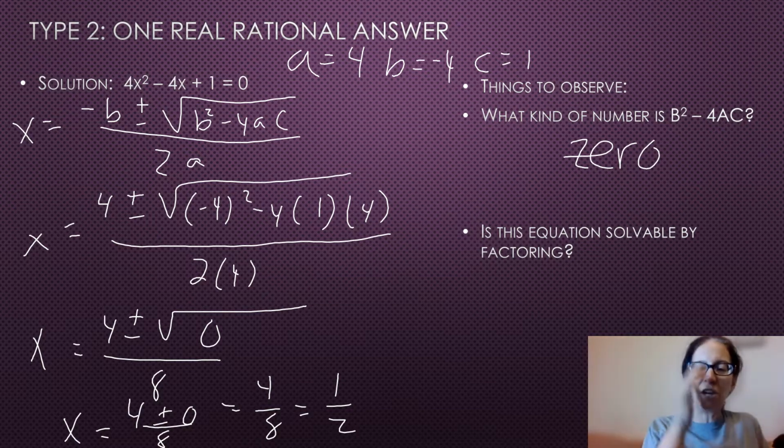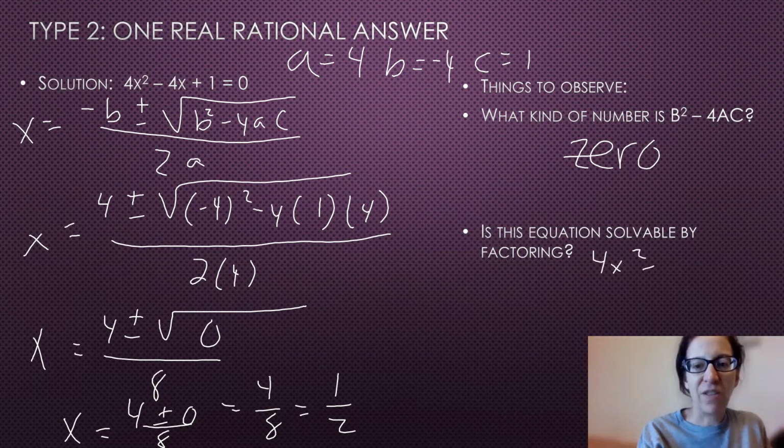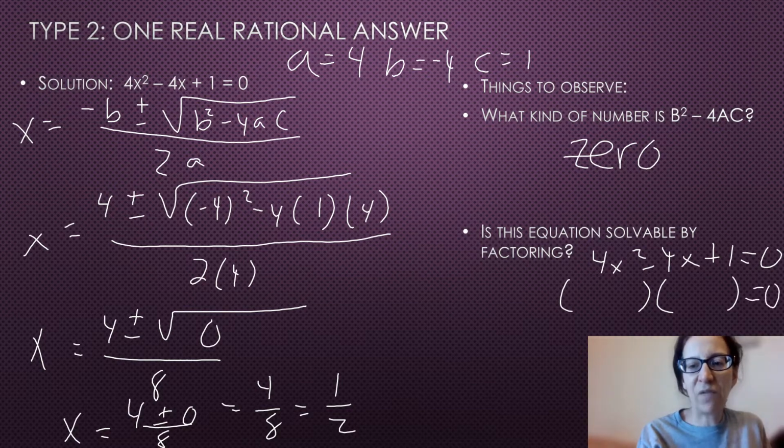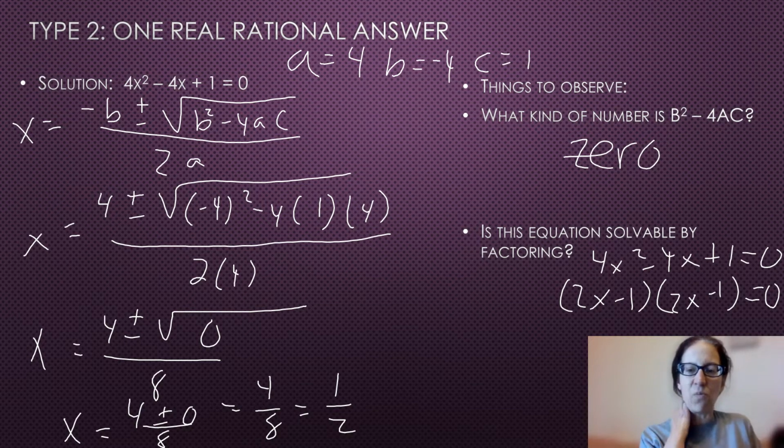And then the question here is, is this equation solvable by factoring? Could we have factored that instead? You might want to bust out your area model to do this, but it does factor into 2x minus 1 times 2x minus 1.